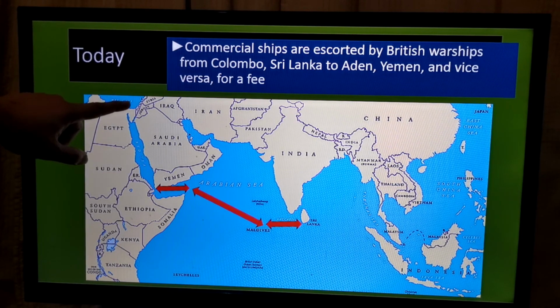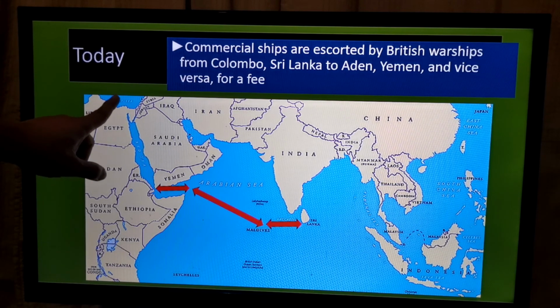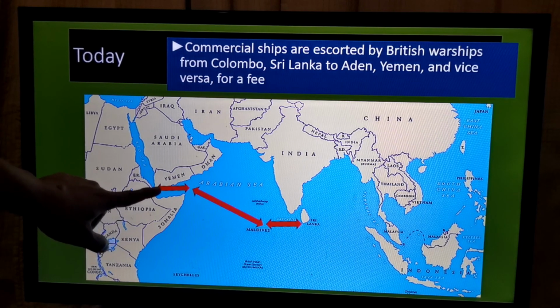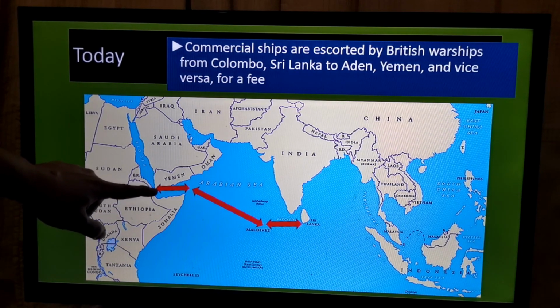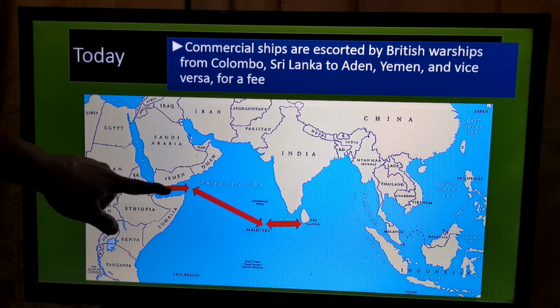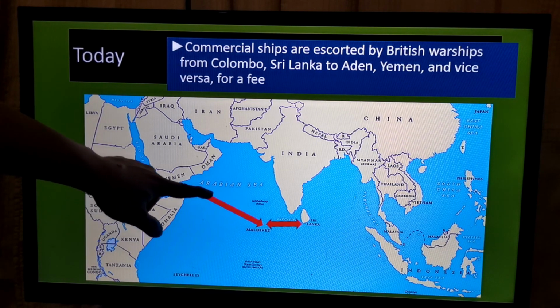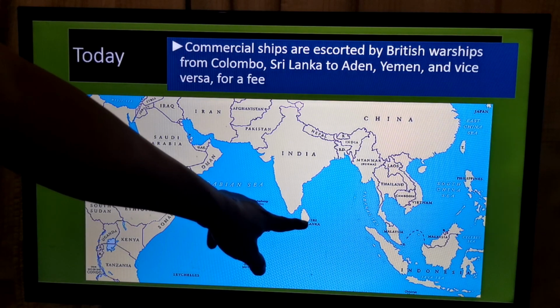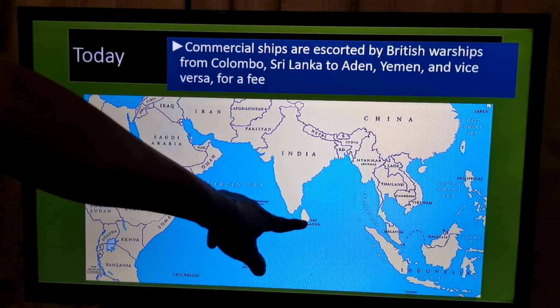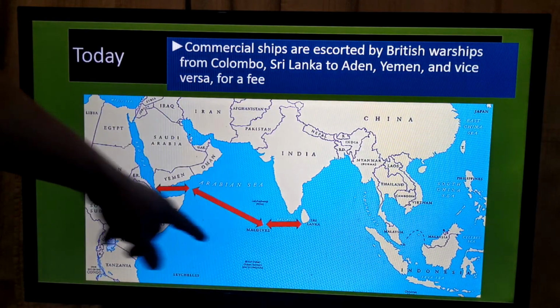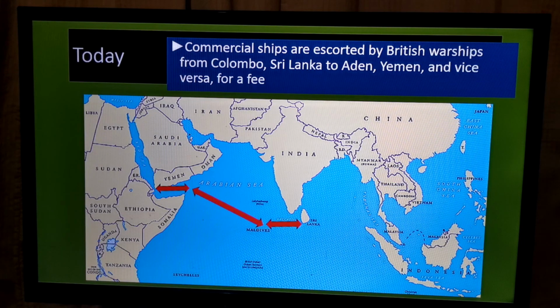Okay, vice versa. If you're from Europe going to the Far East, you pass by the Red Sea in Yemen, there would be British ships who would escort you, and you would reach Colombo safely. And from there, no more pirates. You go to the Far East. Of course, the escort service is for a fee.